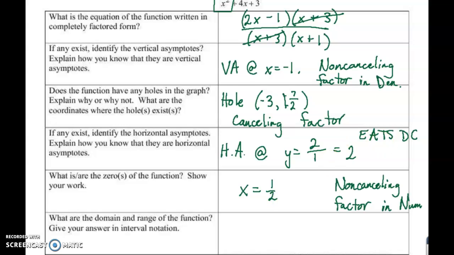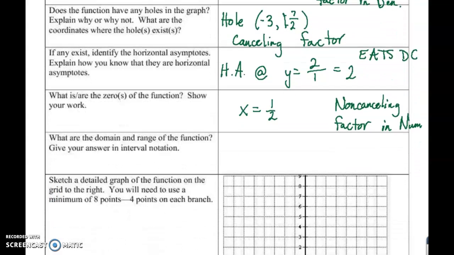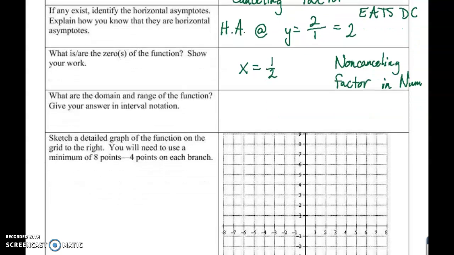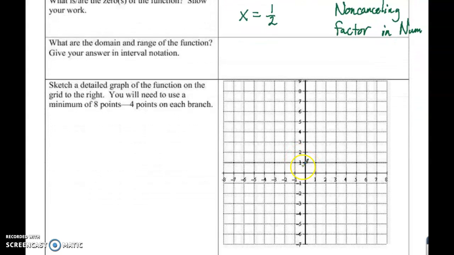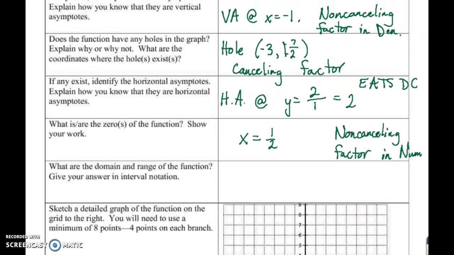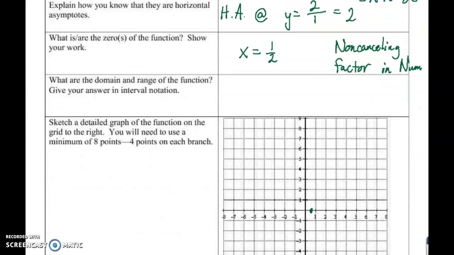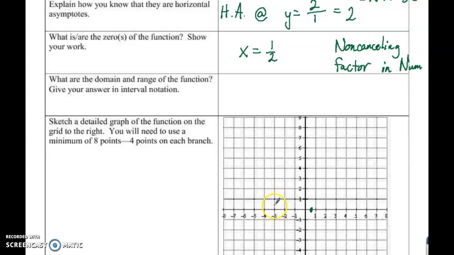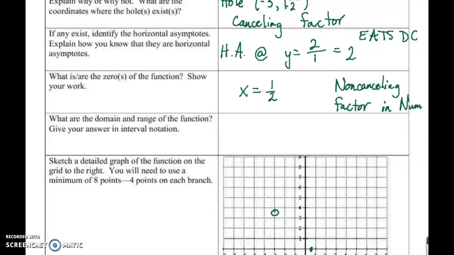And then the domain and range, let's wait to do the domain and range, because we have enough to just go to the graph and see everything that's going on. X equals 1/2 is your x-intercept. -3, 7/2. 7/2 is about 3.5, yeah, is your hole. Where's our vertical asymptote?